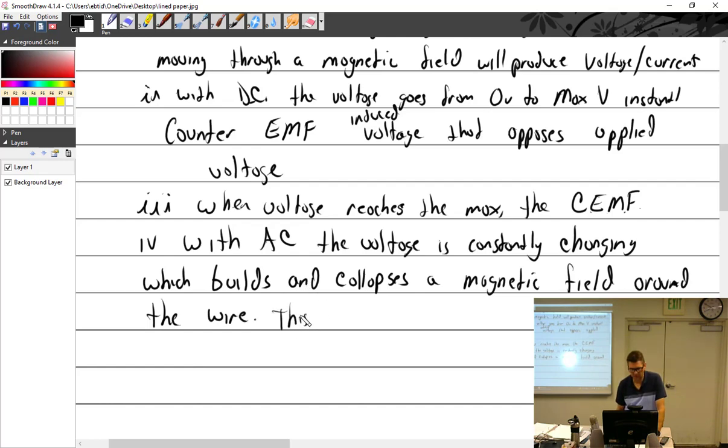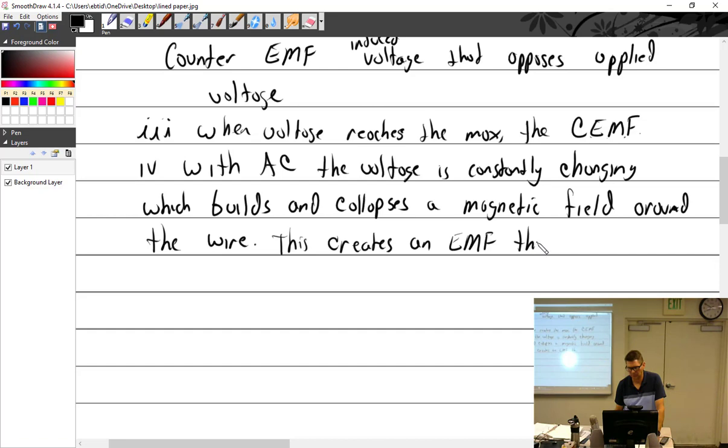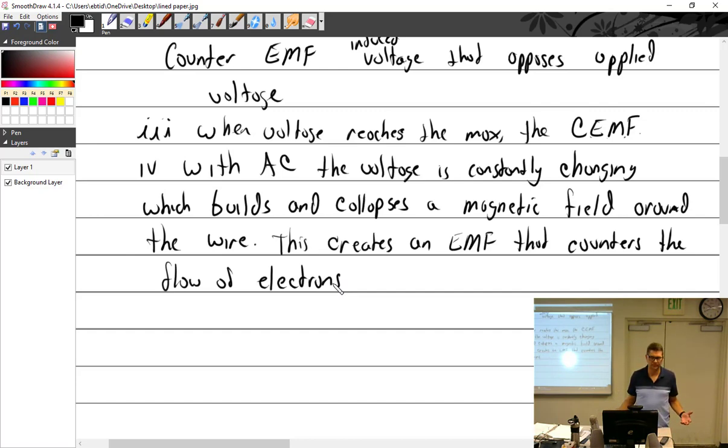This creates an EMF that counters the flow of electrons. What does that sound like? Something that counters the flow of electrons or restricts voltage or resistance. It sounds like some sort of resistance, which is what it is. All right, let's talk about Lenz's law.